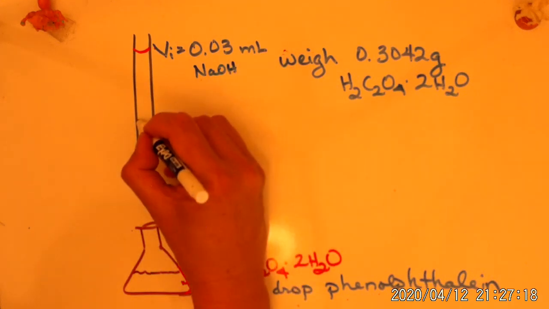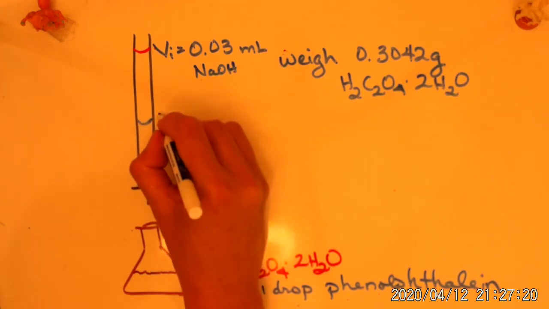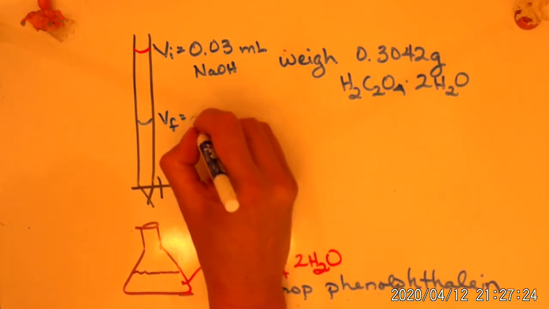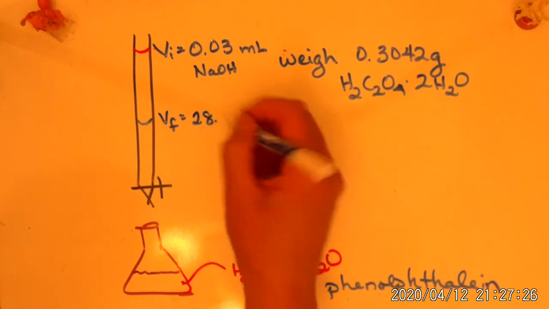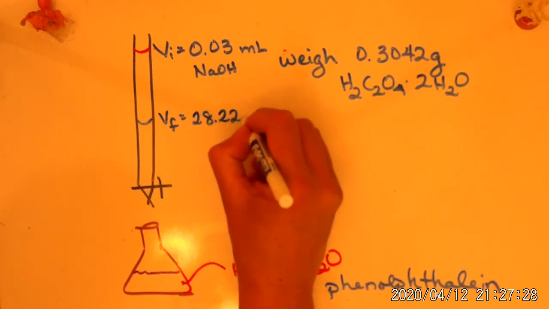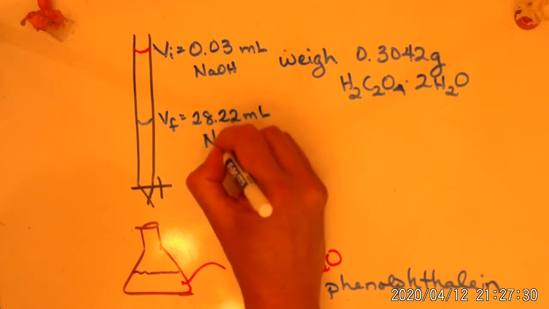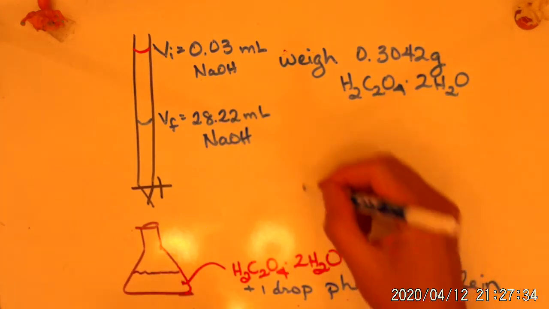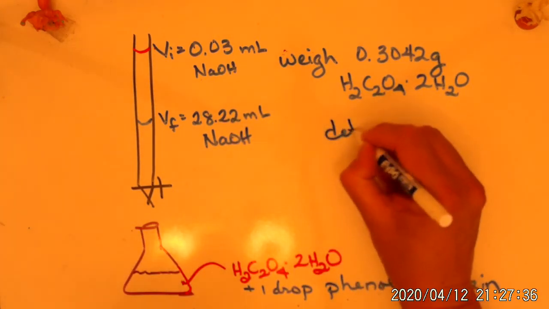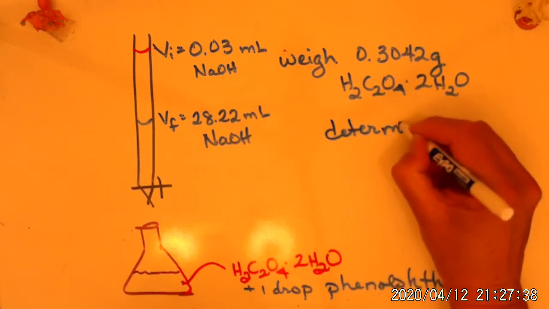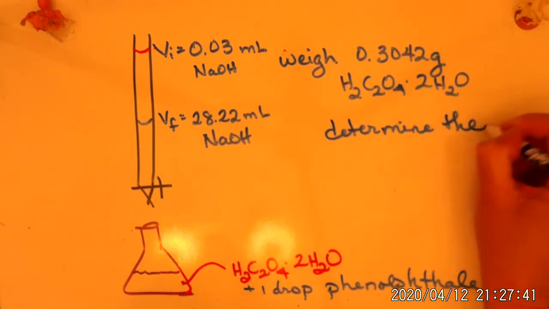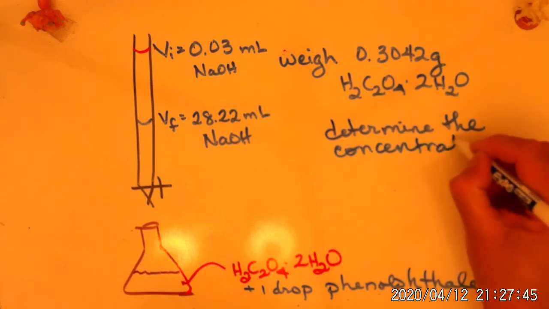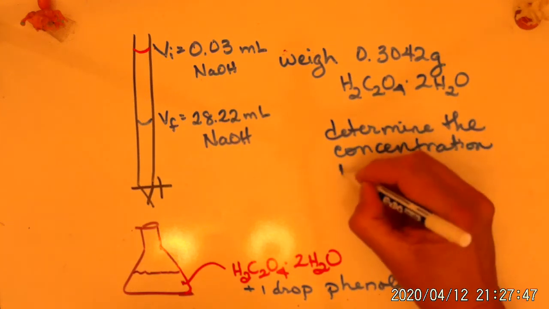When you're done, your V final is equal to, let's say, 28.22 milliliters. Okay? So, from this information, determine the concentration of your sodium hydroxide solution.